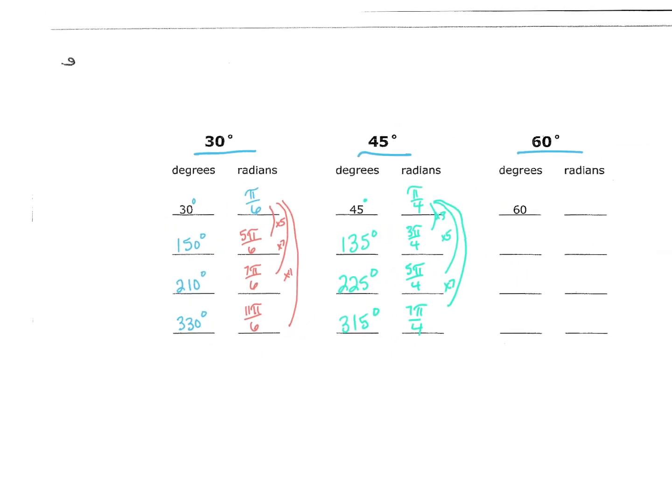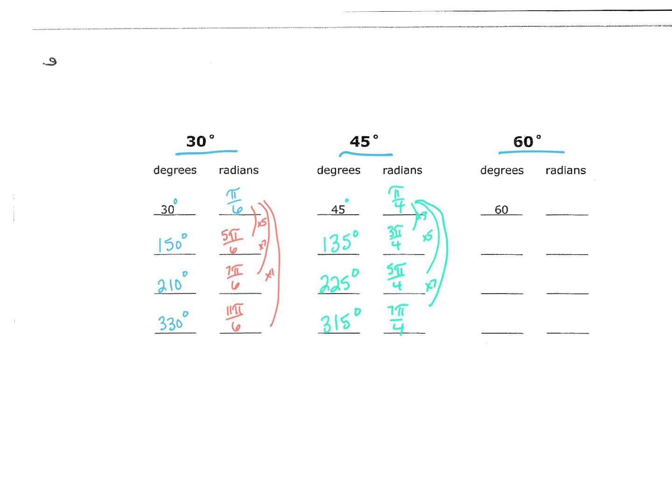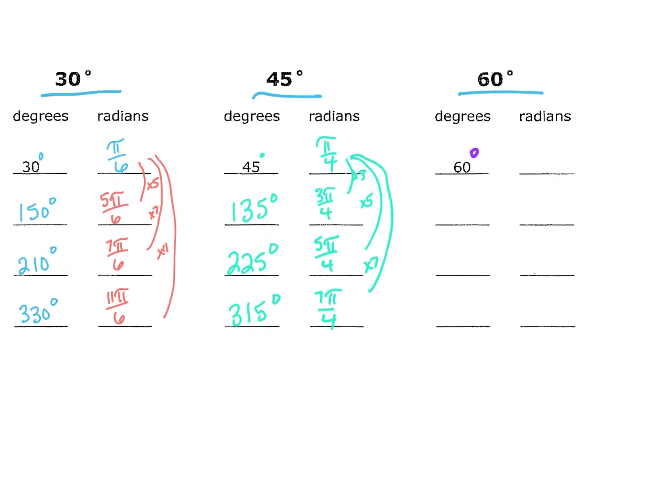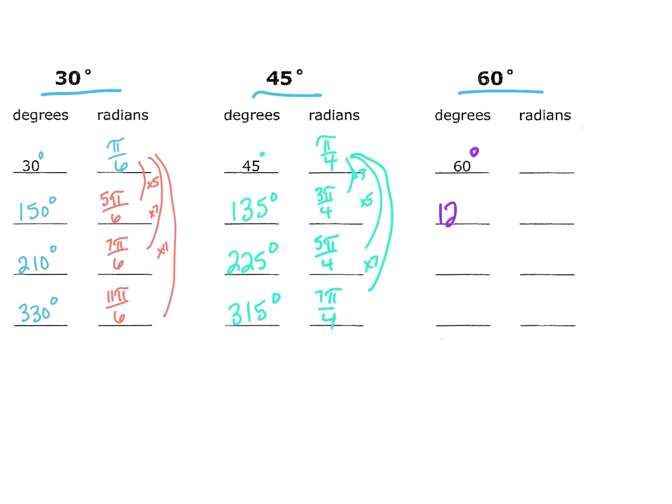And then lastly, we've got our 60 degrees. So let's look at those. For 60 degrees, if we do 180 minus 60, we get to 120. We do 180 plus 60, we get 240. And if we do 360 minus 60, we are at 300 degrees. All right, and then radians, we know 180 divided by 3 gives us 60. So 60 degrees is pi over 3.